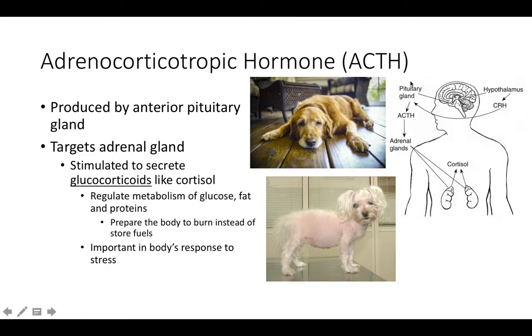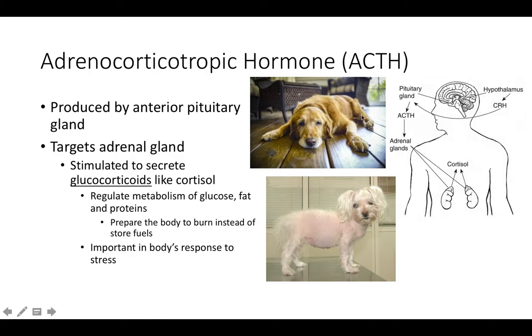It targets the pituitary gland, and as a result, the pituitary gland secretes ACTH, or adrenocorticotropic hormone. Okay, so ACTH comes from the pituitary gland, is going to travel through the blood and target these adrenal glands here. And these adrenal glands are what are responsible for the secretion of glucocorticoids.